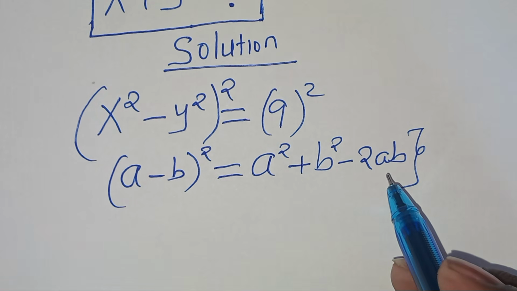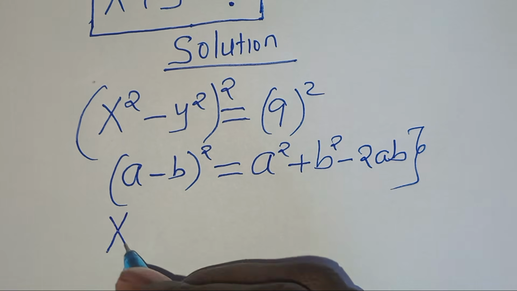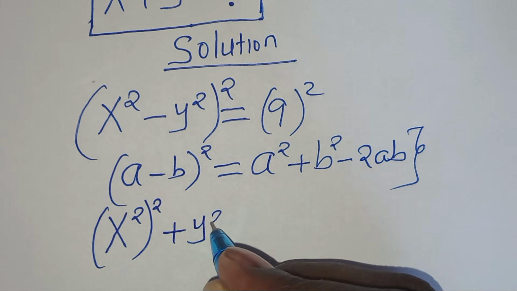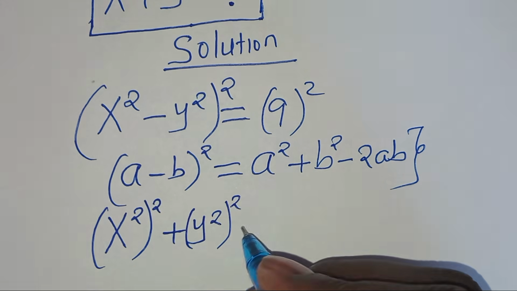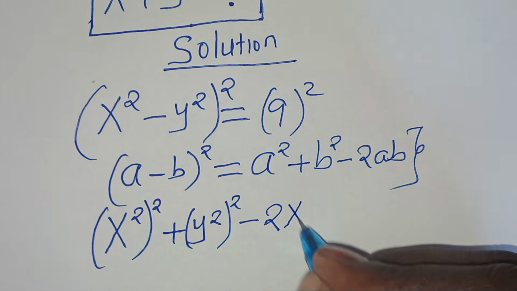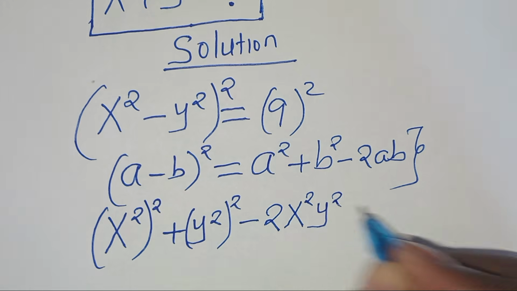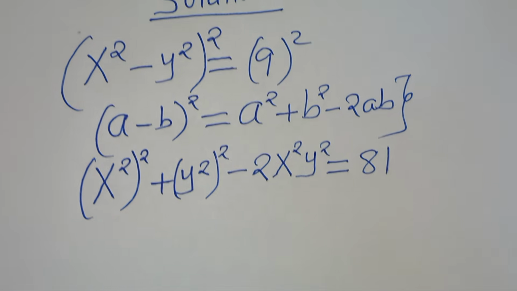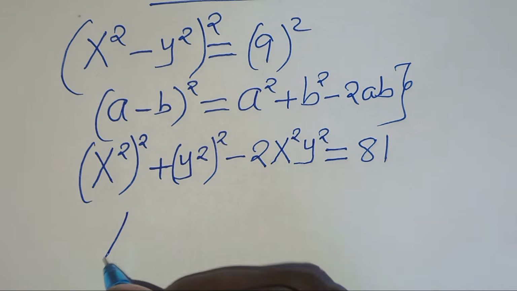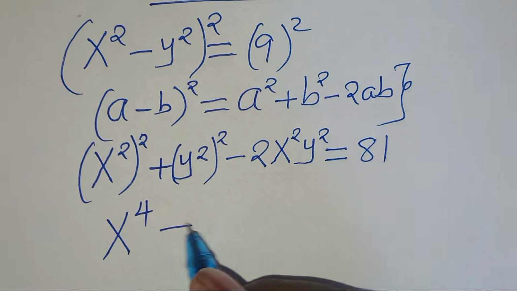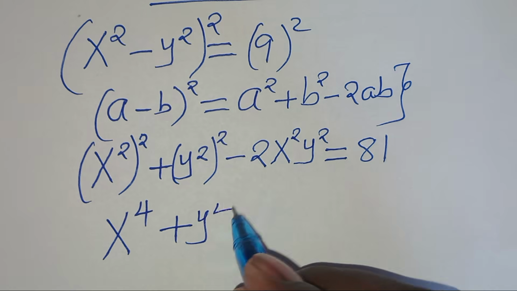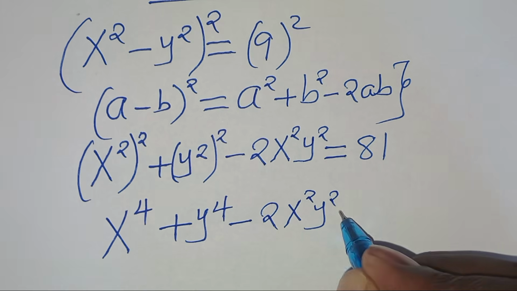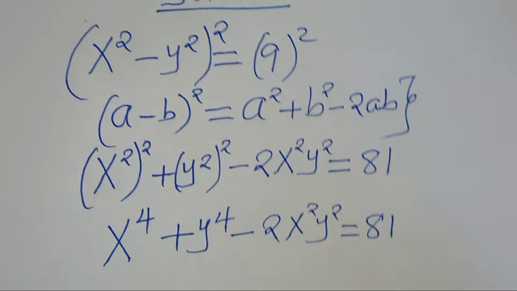Applying this algebraic identity, we have (x to the power of 2) raised to the power of 2, plus (y to the power of 2) raised to the power of 2, subtract 2 multiplied by x squared multiplied by y squared. This is equal to 9 squared, which is 81. So we have x to the power of 4 plus y to the power of 4 minus 2 x squared y squared equal to 81.